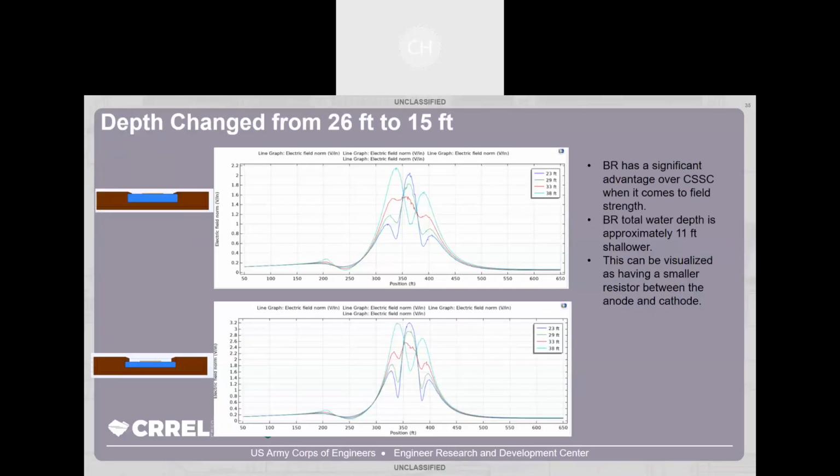I believe Romeoville was right around an average of 26 feet, whereas Brandon Road is much closer to 13 to 16 feet.